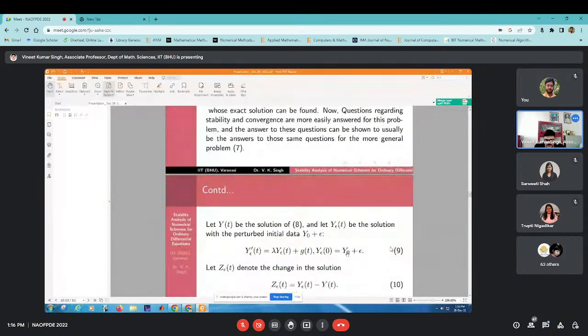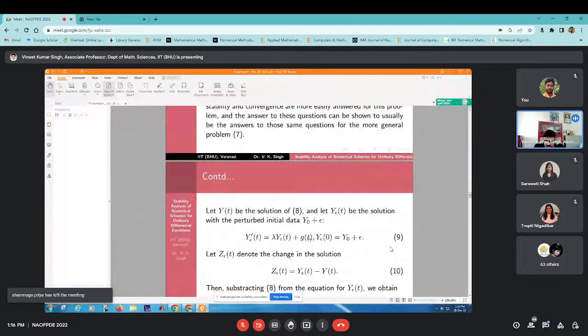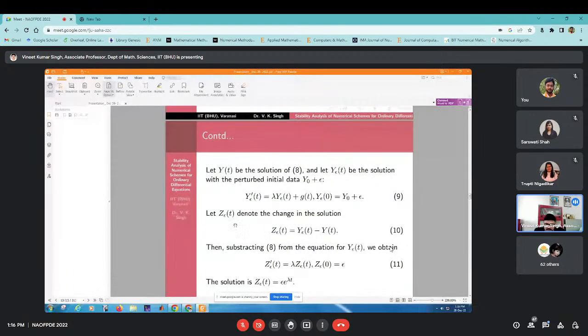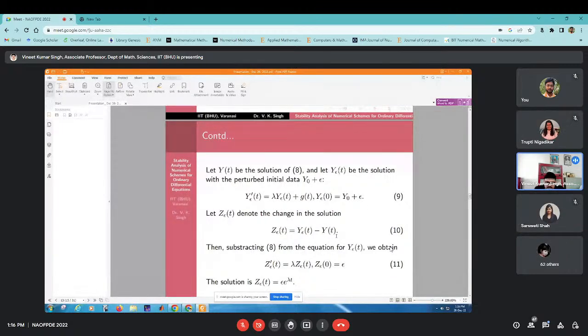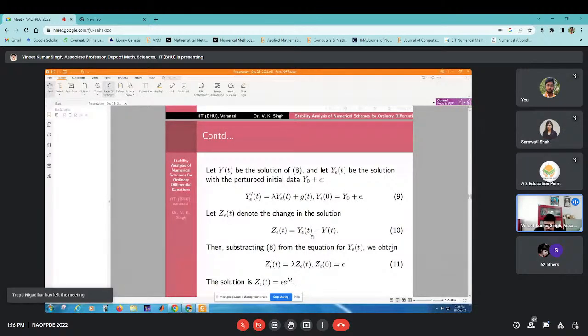I received equation number 9 by making a minor modification in the initial condition, and z epsilon of t is the change in the solution, the error solution. This error solution is with respect to the given epsilon.